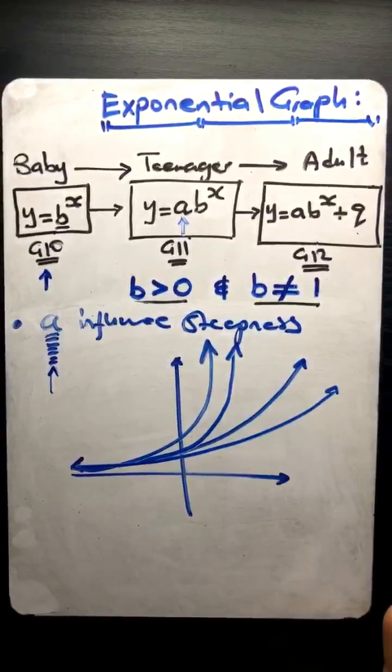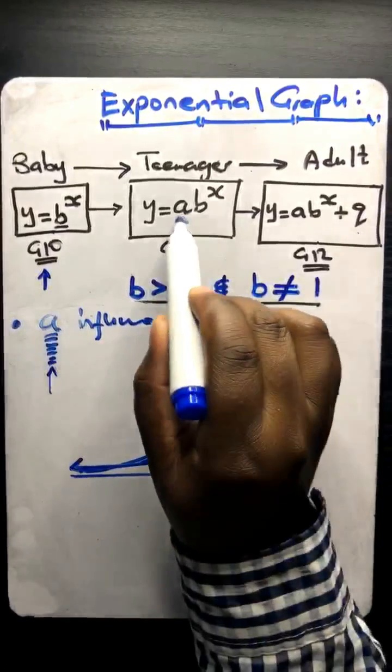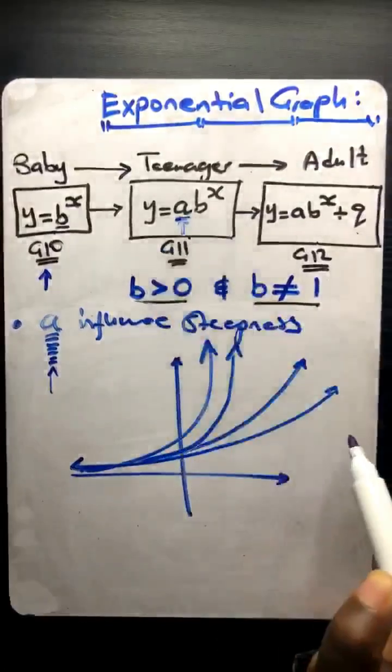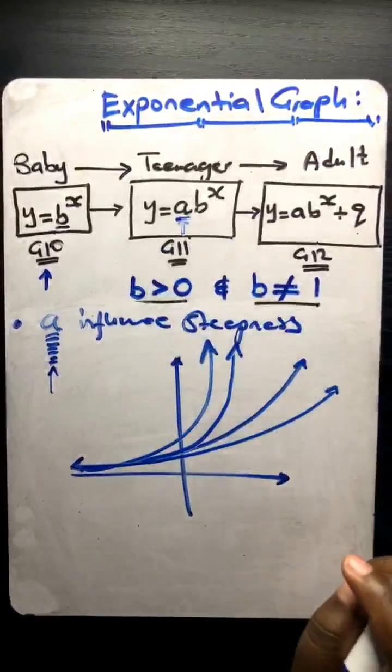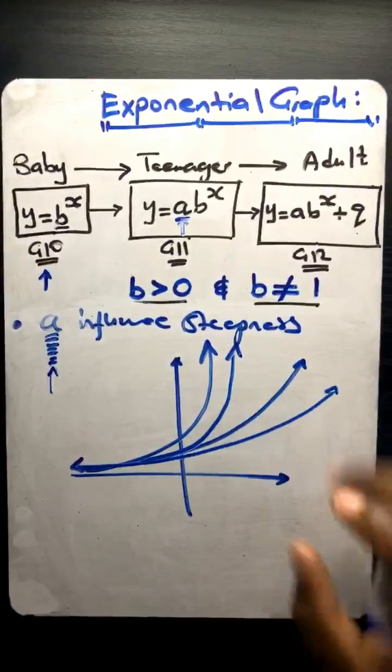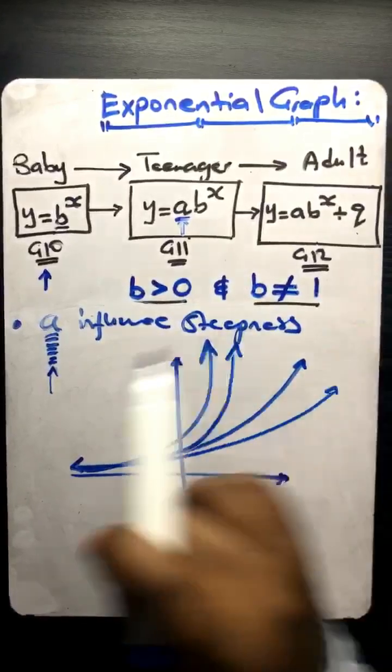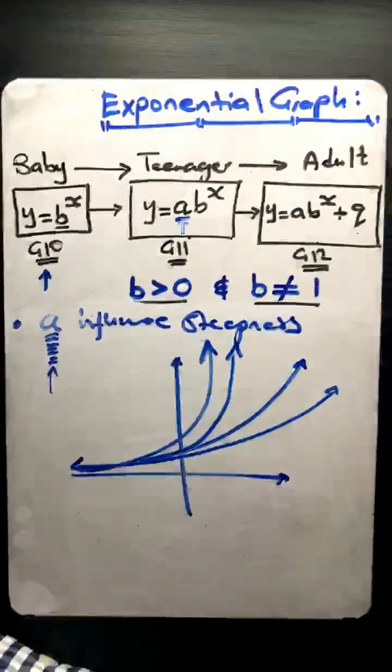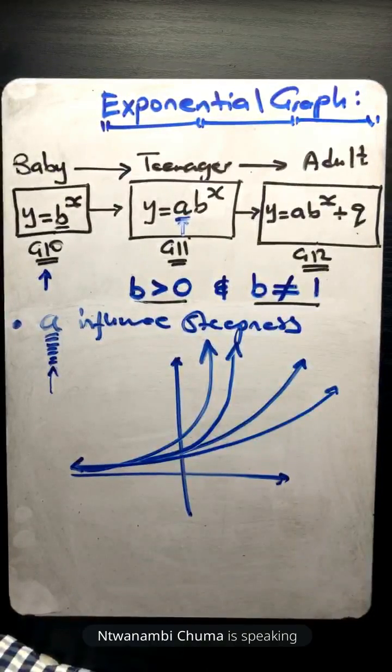You just need to be aware that this is just a value that influences the steepness and nothing much. It's not there to complicate your life. Again, regarding the A value, does it make sense to everyone? Yes, sir.